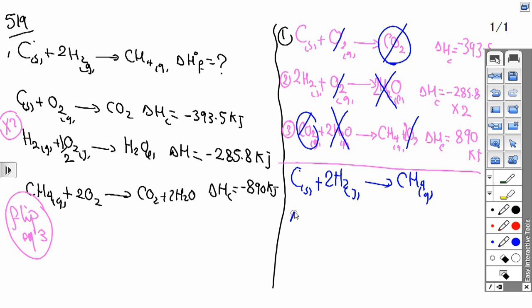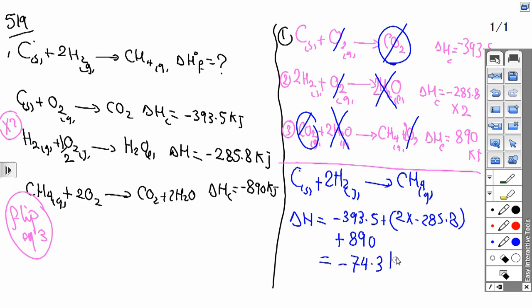So delta H total for this reaction equals negative 393.5 plus 2 multiply negative 285.8 plus 890, equal negative 74.3 kilojoule. So in this case, the reaction is exothermic because delta H is negative.